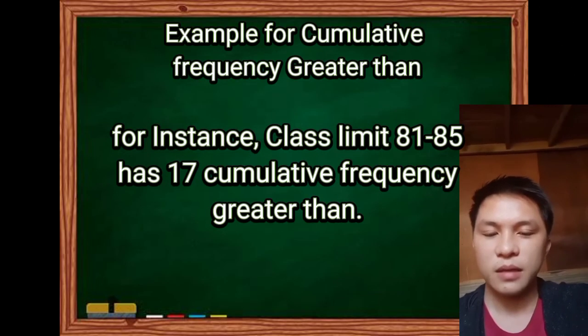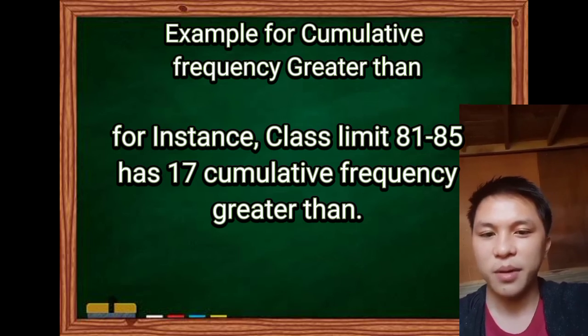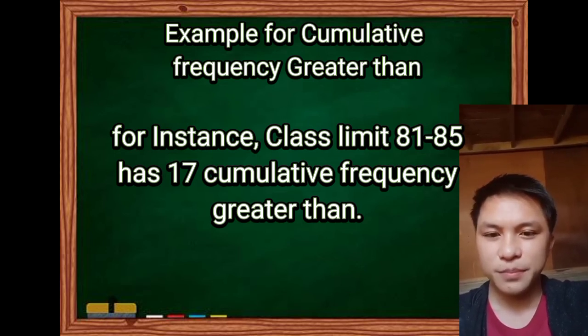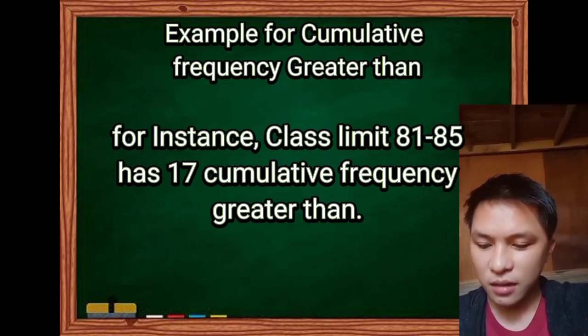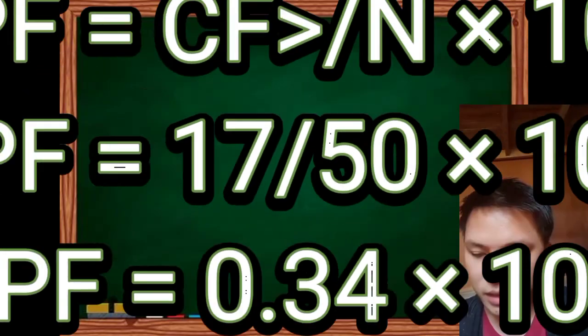From another example, for the cumulative frequency greater than, our basis is the same table that I discussed earlier. For instance, the class limit 81 to 85 has a cumulative frequency greater than of 17.